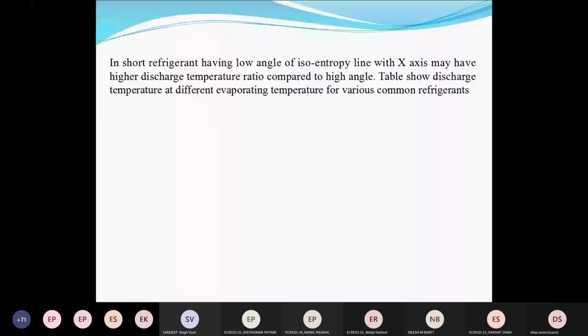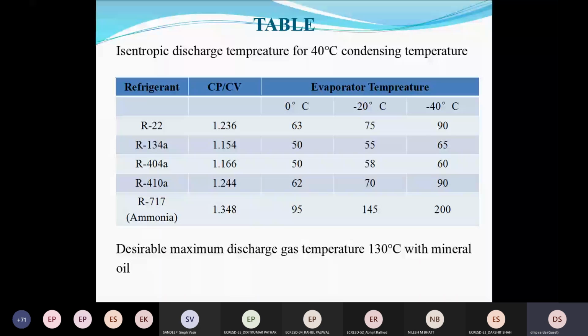Let me see now. This table I have prepared to give guidance on how the discharge temperature changes from refrigerant to refrigerant due to its own property. If you see R22, the Cp/Cv is 1.236 and evaporating temperature is 0, then discharge temperature at 40 degree condensing temperature is only 63. Then minus 20 is 75 and minus 40 is 90.